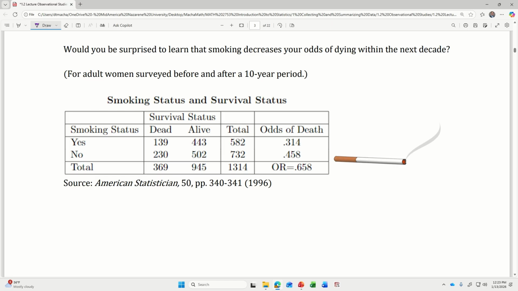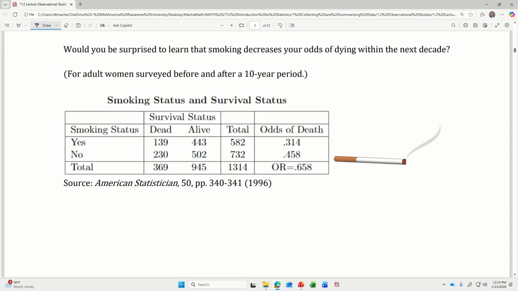So we have a total dead, a total alive, a total number of participants in each category. And then when it says odds of death, this calculation is just 139 divided by 443. That's what an odds is. It's not the same thing as probability. And then likewise, the odds of death here are 230 over 502, which gives you 0.458.